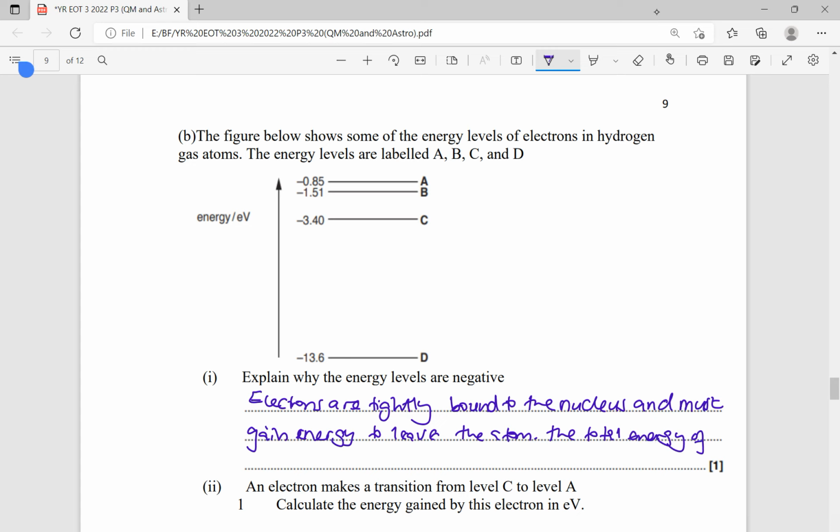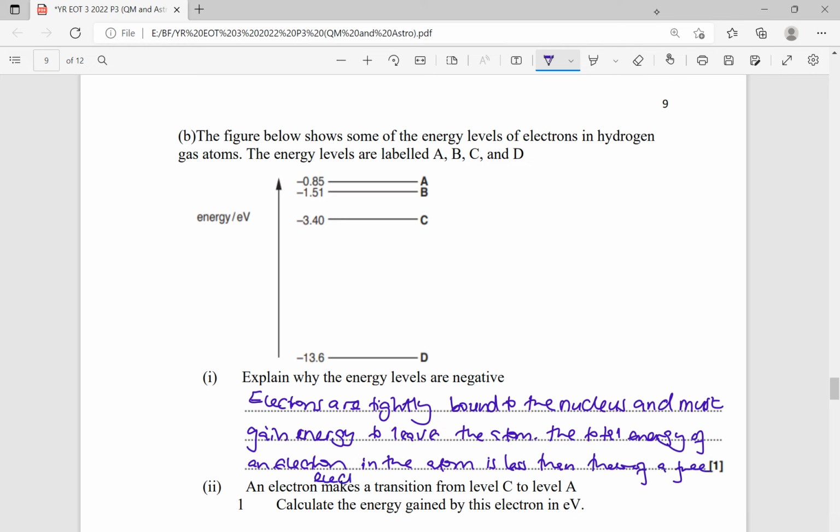The total energy of an electron in the atom is less than that of a free electron.